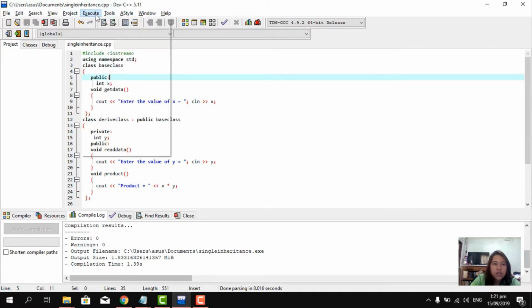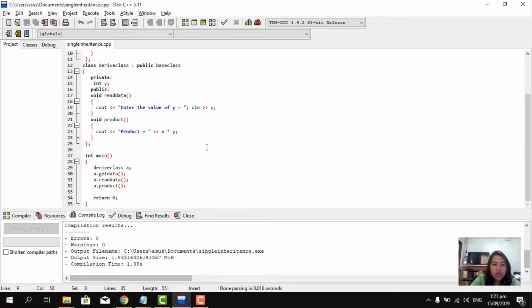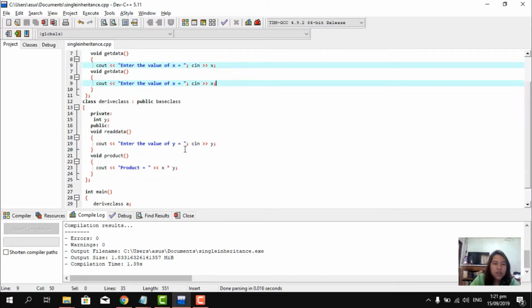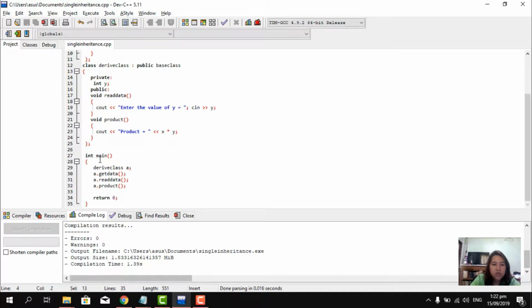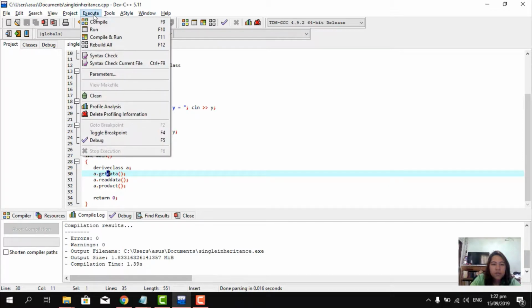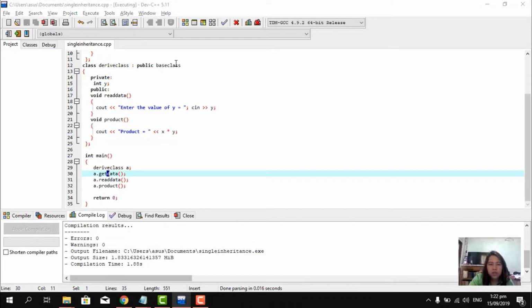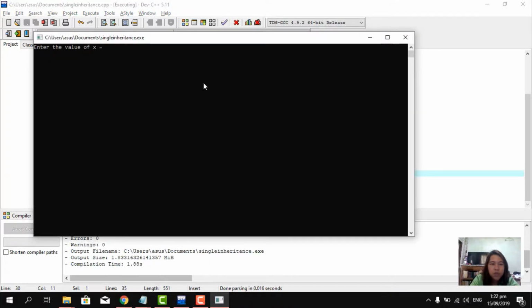So this is the code. A derived class and a base class. So to get the data, to get the object, the derived class gets data and reads data product. Enter the value of x, 2, enter the value of y, 2.